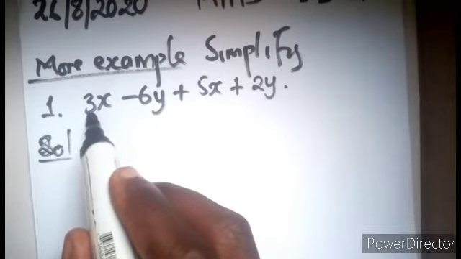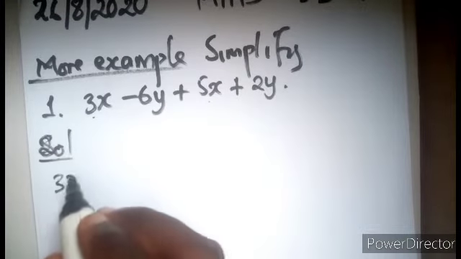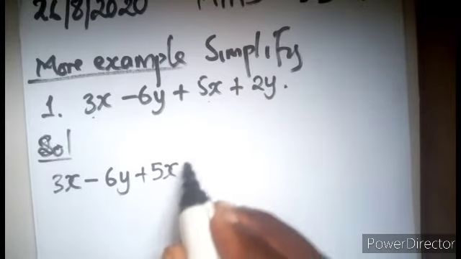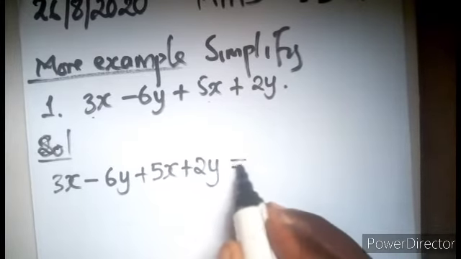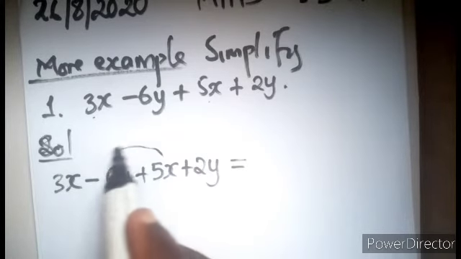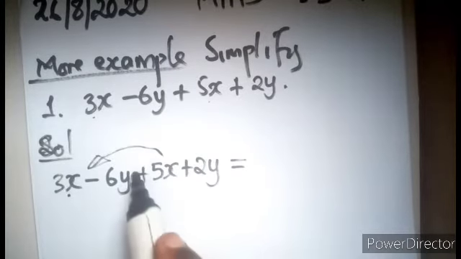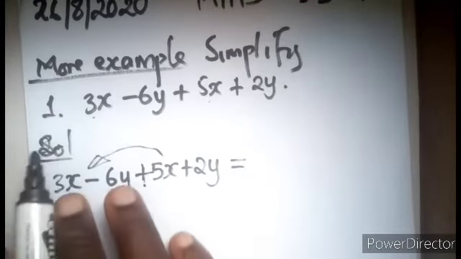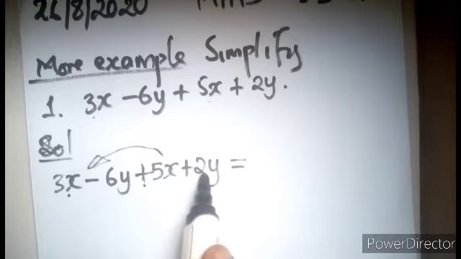Just as we said before, we collect the like terms. 3x minus 6y plus 5x plus 2y is equal to, we take 5x closer to 3x. It will move with its positive sign.